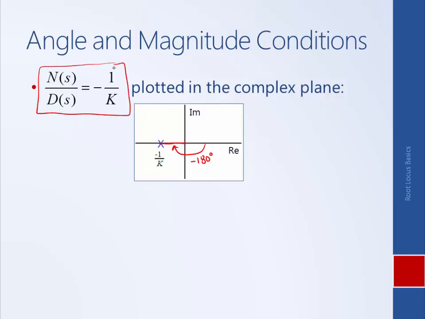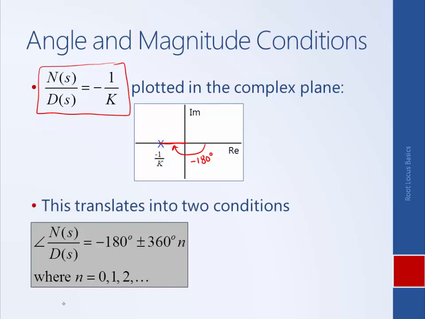And so taking this relationship here, we can split it up into two conditions. One is the angle condition. Okay. So if we picked some value of s that's in the complex plane and we wanted to test it, this is going to be some complex number, in general. If we plugged in minus 2 plus 2j into our transfer function and expanded and reduced everything, this would be some complex number that has some phase and some magnitude.